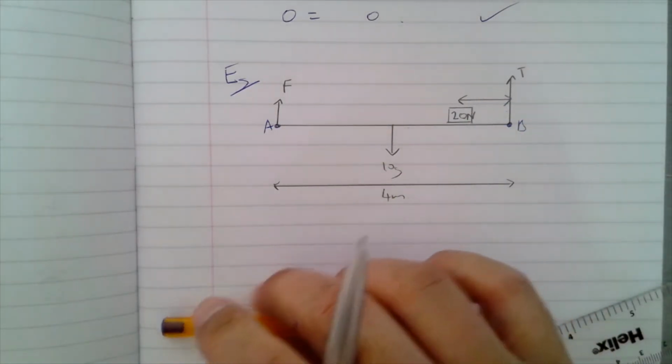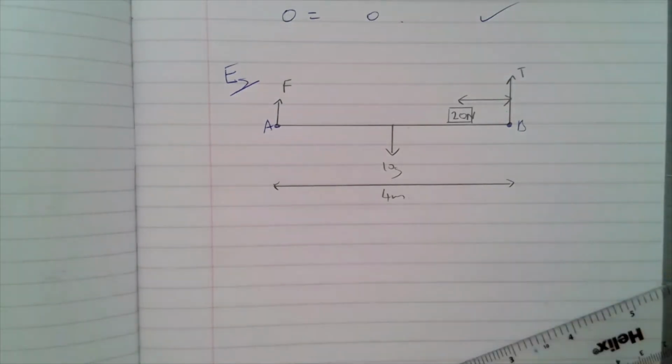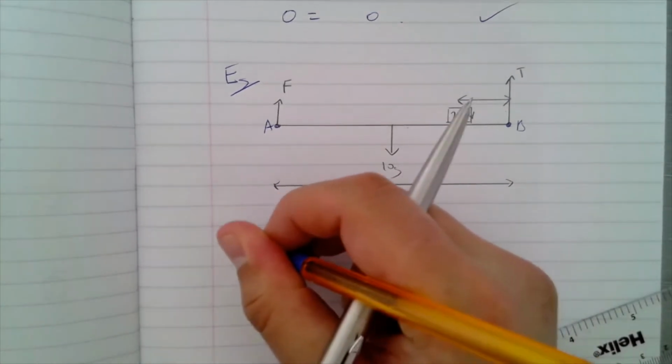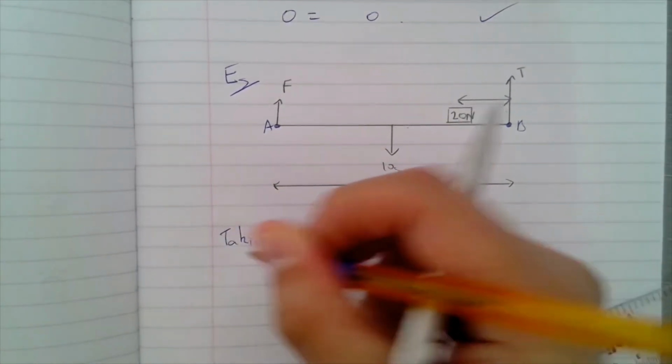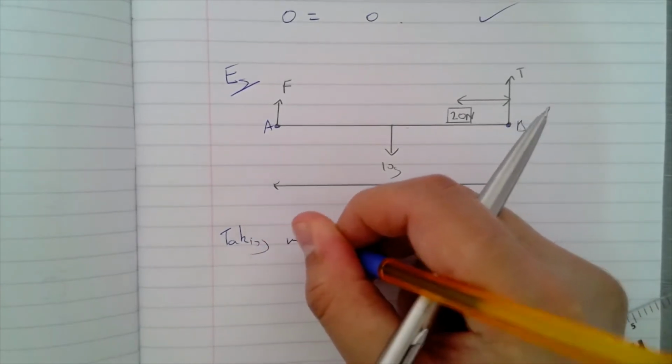So there's a couple of ways we can do this. The rod isn't moving, by the way, so it's stationary. So what we're going to do is take moments around A. Now it's important to say where you are taking moments around if you are going to do it in different places.